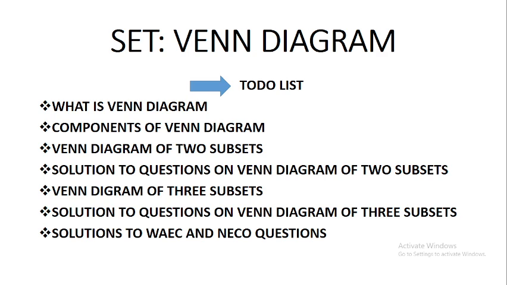We have talked about all the terms that are used in set theory, such as universal set, empty set, complement of set, intersection of sets, union of sets, cardinality of sets, and how we could use them to solve problems. We talked about those in the previous video we have made.